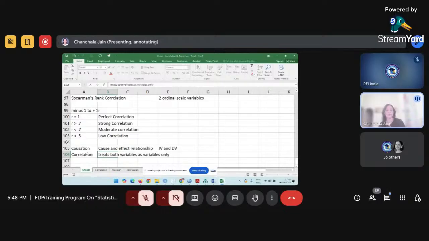That clarity should be with the researcher only, because software will not do this, as software is generally designed to understand that these are two series available, and it needs to give the value of R, right? So you need to be very clear in your thoughts about which variable you will take further as dependent and which as independent. Correlation will not discriminate between dependent and independent. It will treat the two variables as two variables only. Is it clear?